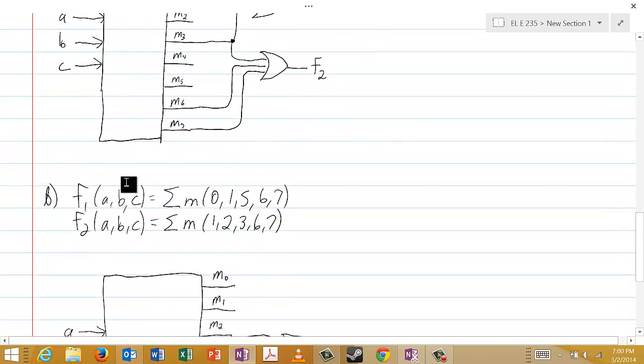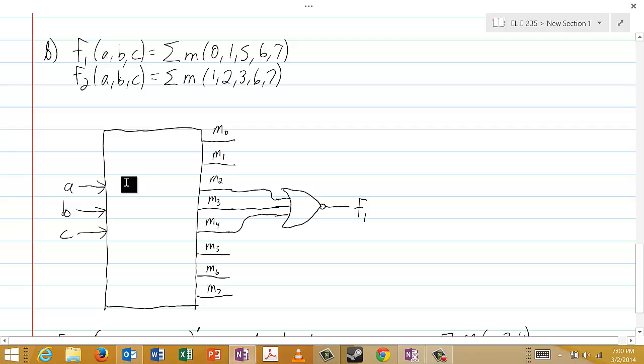It is preferable to the direct alternative of using a 5 input OR gate to OR together the minterms 0, 1, 5, 6, and 7, because this requires only a 3 input NOR gate. And of course, you can imagine what you should do for F2. Take a moment to think about that, and I would suggest you stop the video for a moment and see what you come up with for F2.